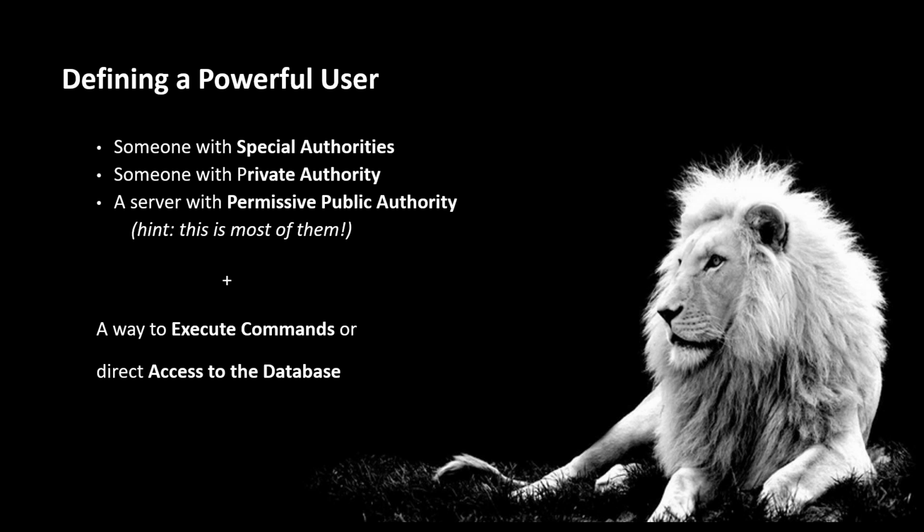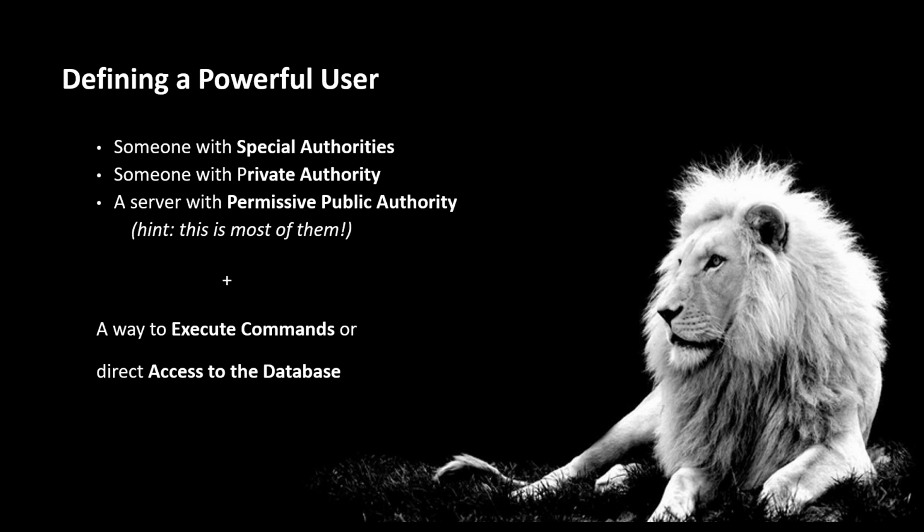Now, having one or more of those bullets satisfied doesn't necessarily equate to the risk that that user provides, because they also tend to need a way to execute commands. That does not necessarily mean green screen command line permission, if you're familiar with the limit capabilities attribute, because there are other ways to run commands on the system that don't always honor those restrictions.